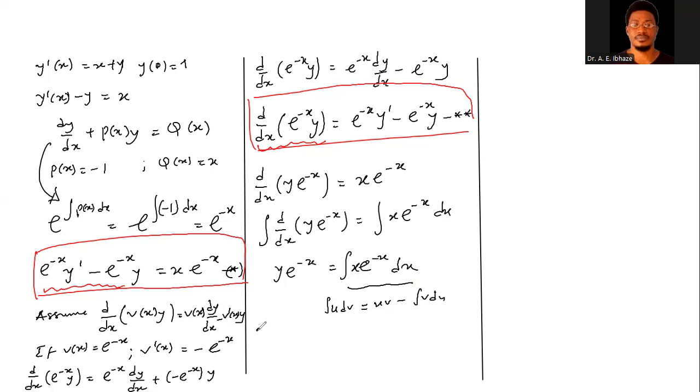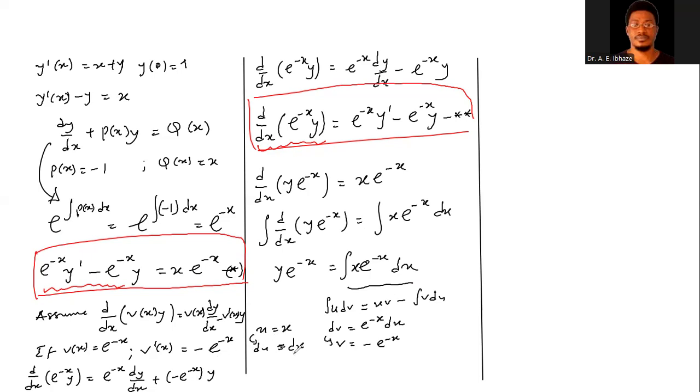So in this case, u is the same as x, and then dv is the same as e to the minus x dx. So that du will be the same as dx, and then v will be the same as negative e to the minus x.